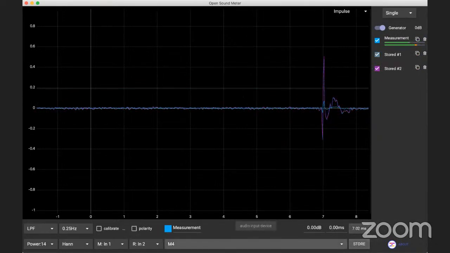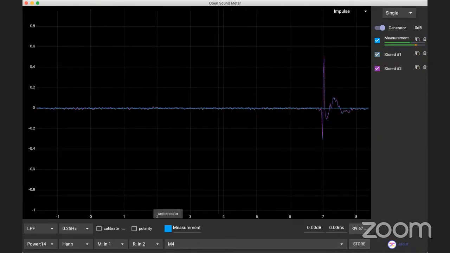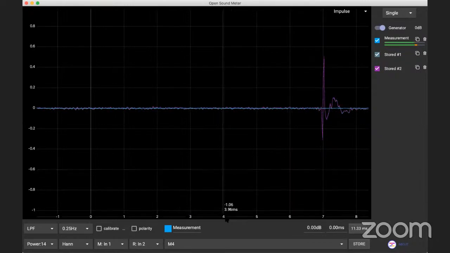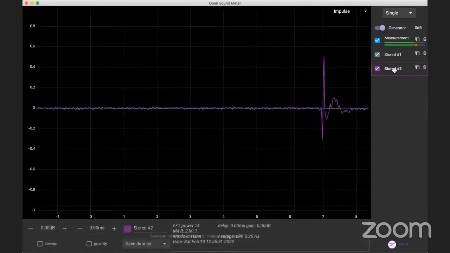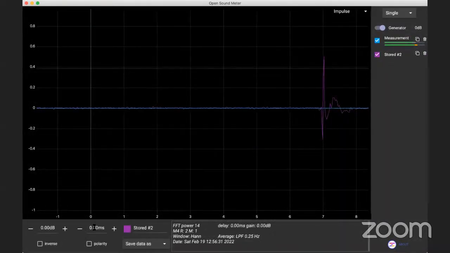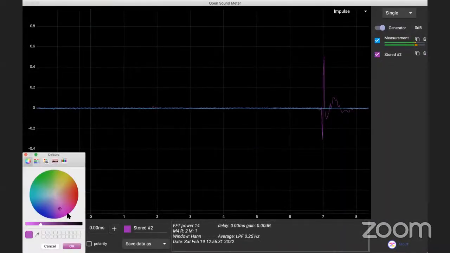You see the spike? This purple color spike, I'm going to change the color of that. I'll delete this one. Now this purple color spike is the impulse response of the speaker on my left.